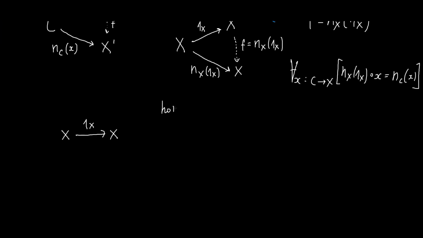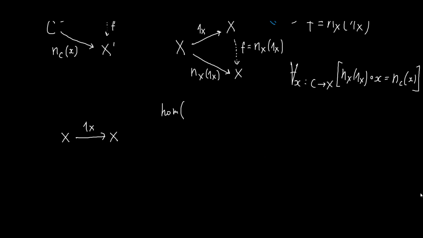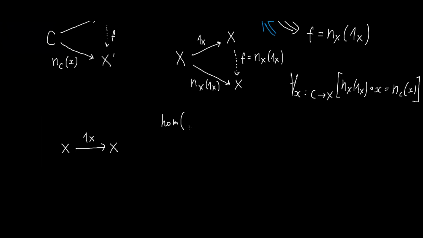So I have two. Just a moment. I want to set this up correctly. I'm going to first draw this equality as commutativity of a certain square, and then extract from it what the square should be.